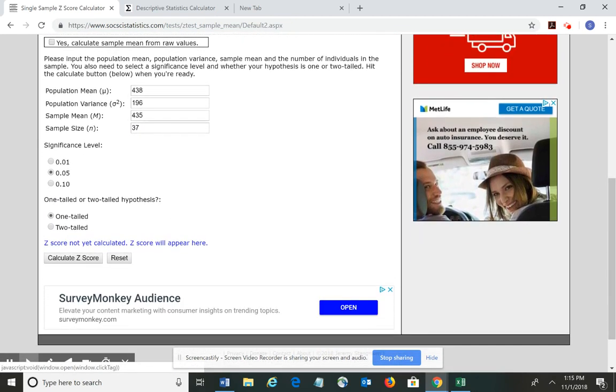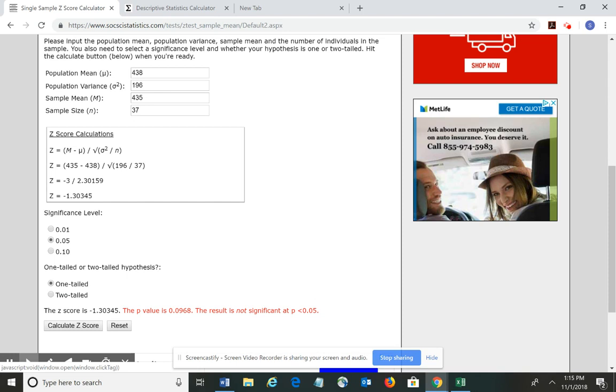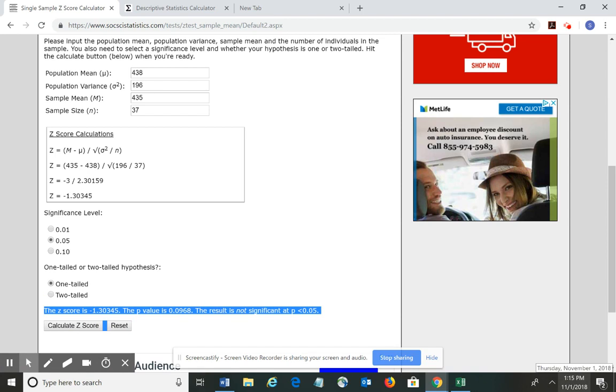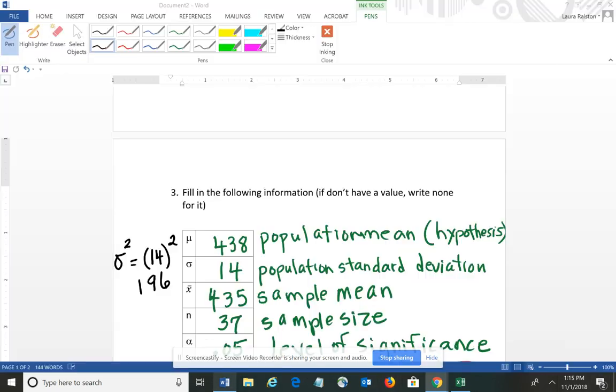And then I calculate. And at the very bottom of the screen, I highlighted it there in blue, it gives me the z-test score and the p-value.